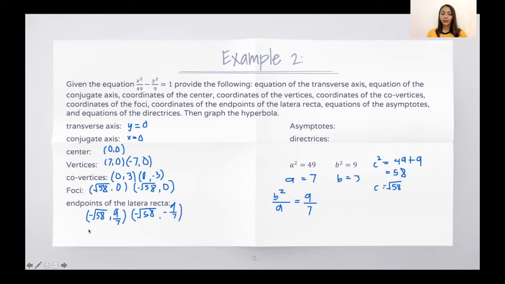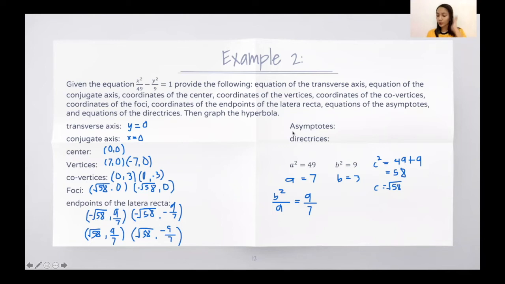Next, since apat yung endpoints of lateral recta, to find the other coordinates, we have positive c, which is positive the square root of 58, and then positive, negative, b squared all over a. So 9 over 7, and then negative, sorry, it must be positive pala. Positive c, so square root of 58, and negative 9 over 7.